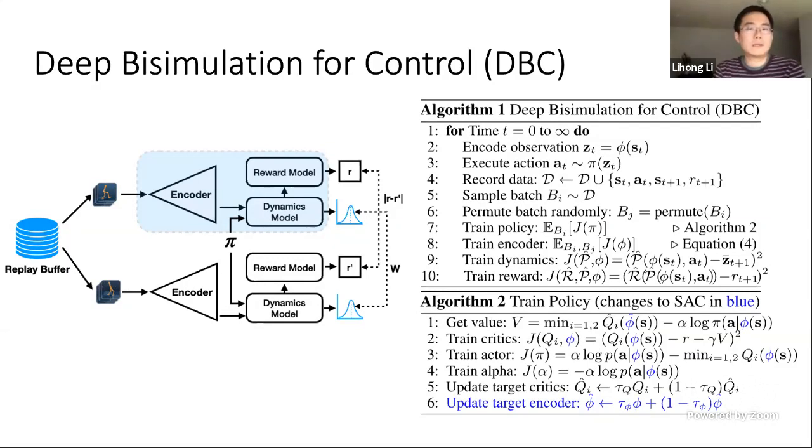This is cool, and it seems you have a nice solution to this problem. Could you say something about open problems? What could be next steps? Yeah, so the downside of bisimulation metrics is that it's very tied to a single reward function.